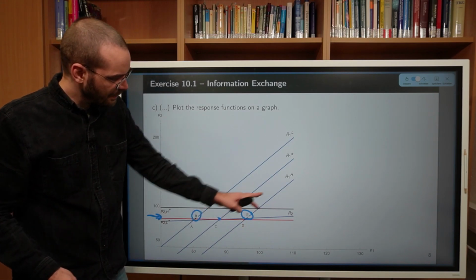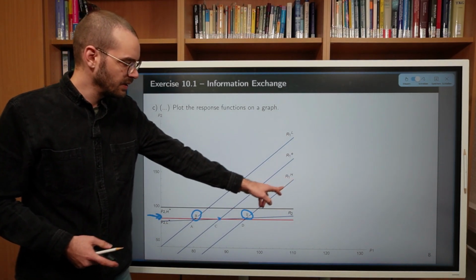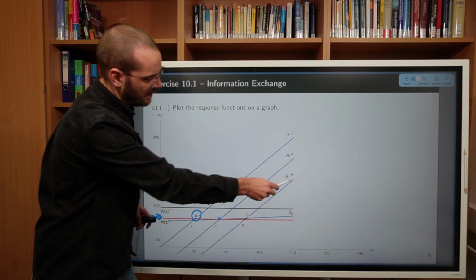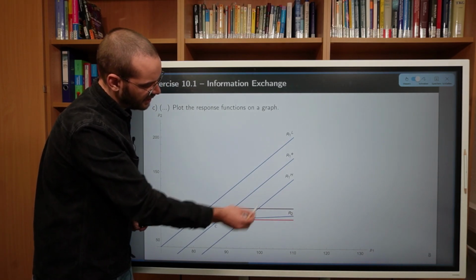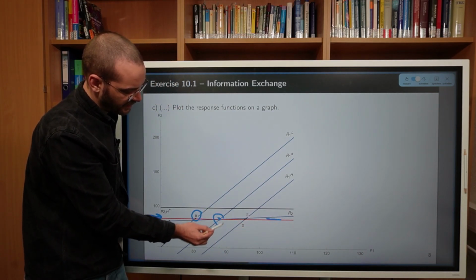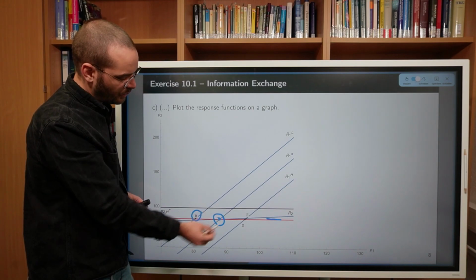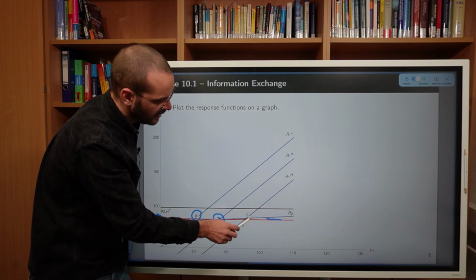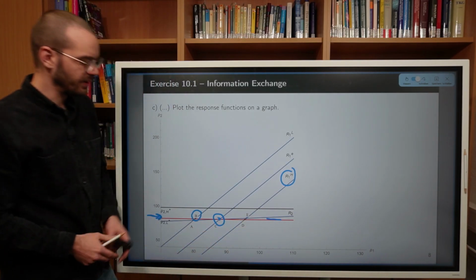And the same happens, of course, for a realization of high marginal cost for C1. So on this reaction function, where then in the exact same way, the equilibrium does not lie in the intersection of the reaction functions, but rather in the intersection of this red line. Again, this comes from this price setting behavior from firm 2 not knowing which reaction function is correct, and the intersection of this price setting behavior and the red line and the reaction function under high marginal costs. So in point E over here.